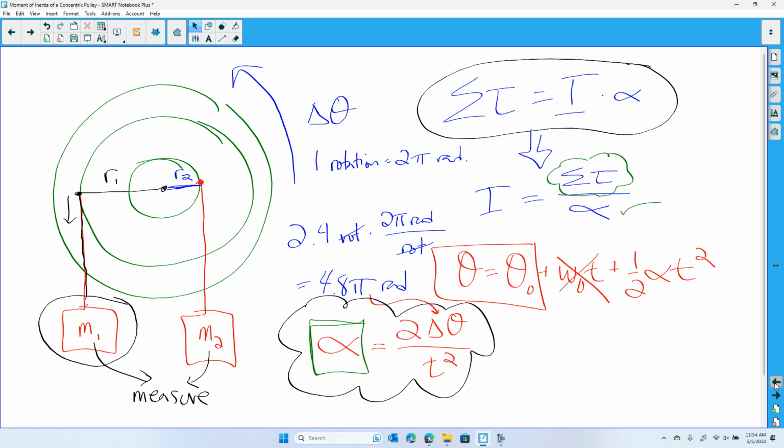So that means if we could make measurements for alpha, angular acceleration, and figure out the sum of torques acting on an object, then we can just do a division to figure out what that object's moment of inertia is.